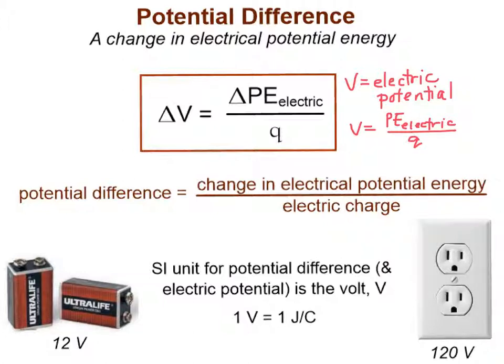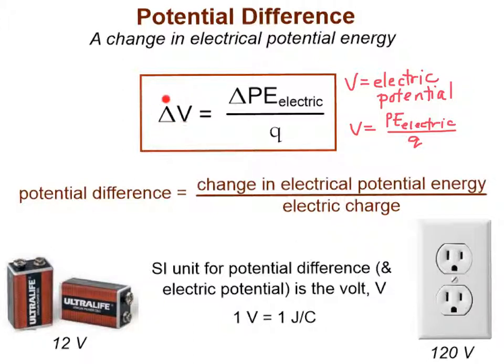However, the reference point for measuring electrical potential energy is arbitrary. Since the reference point for the electrical potential energy is arbitrary, the reference point for the electric potential is also arbitrary.